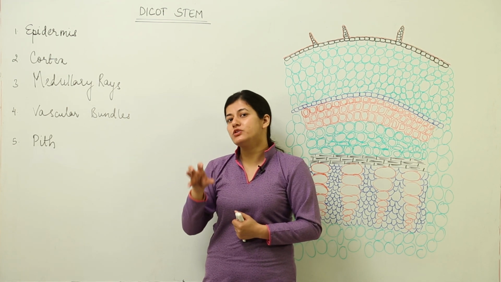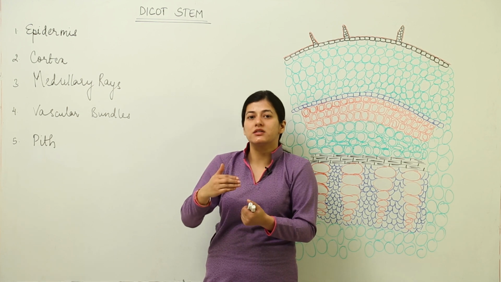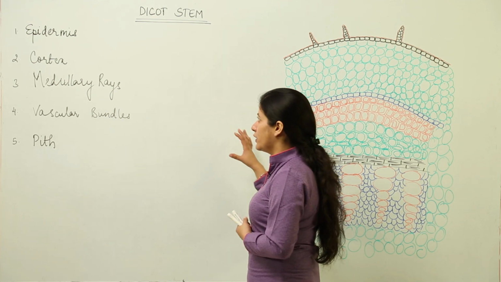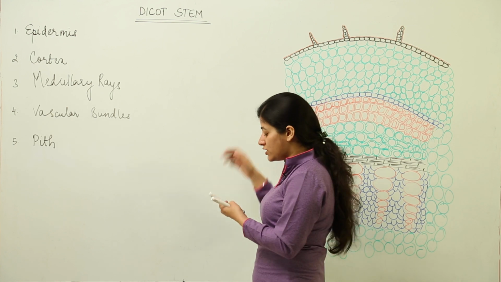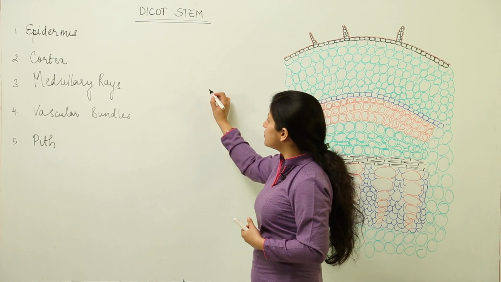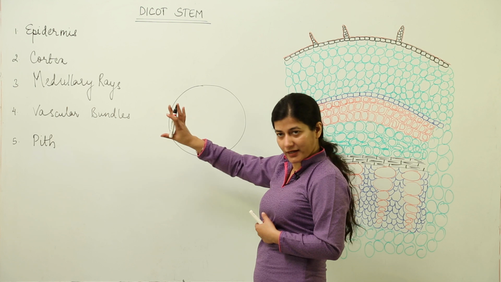One by one we are going to understand the importance of that particular component and where it is located, because we are dealing with anatomical references. So, we are going to see if a dicot stem's transverse section is taken, of course it is a stem because it is cylindrical, what you would observe under a microscope would be a circular arrangement, something like this.